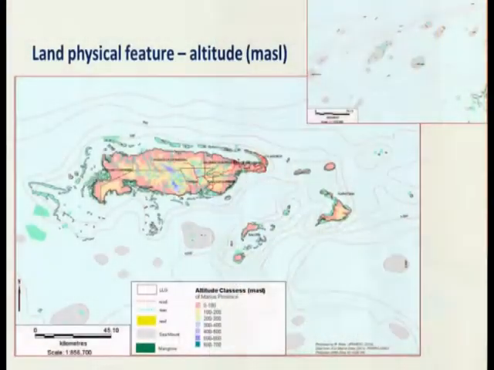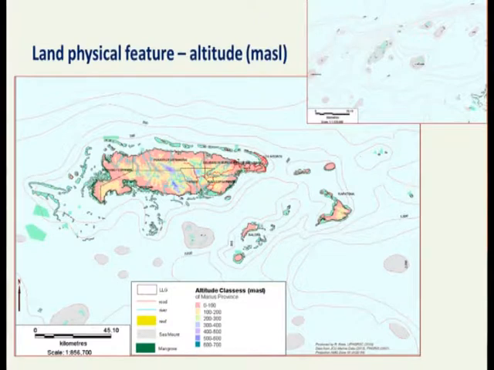These are some land physical features of Manus. I got the altitude. Okay. Much of the island of Manus is on lower ground, lower sea level. And now we are in a period of increasing impacts of climate change and increasing sea level. Much of Manus, we can see on this map, is 0 to 100 meters above sea level.